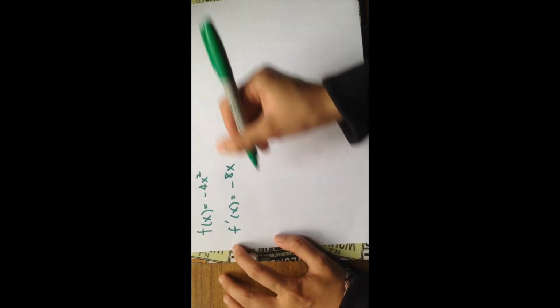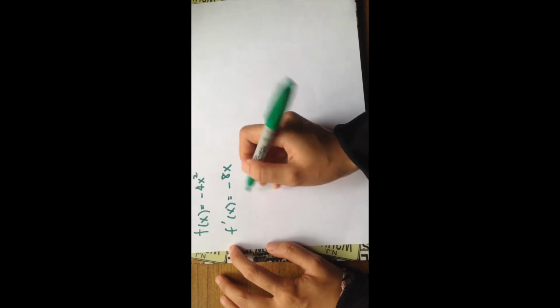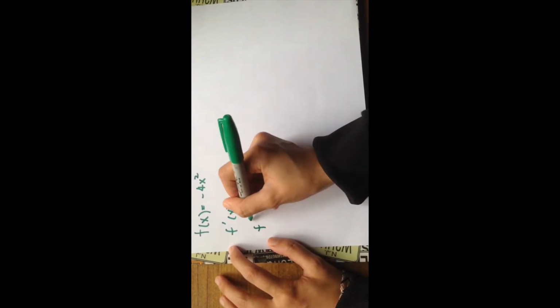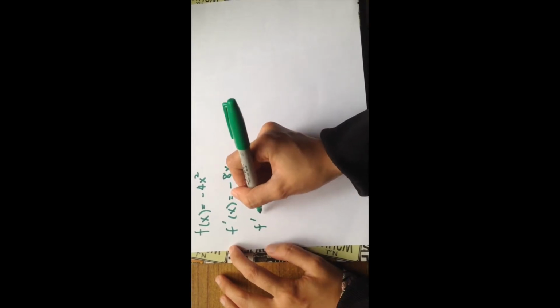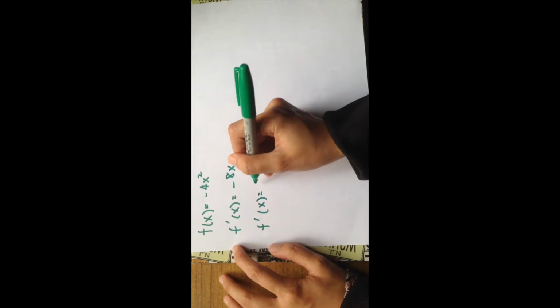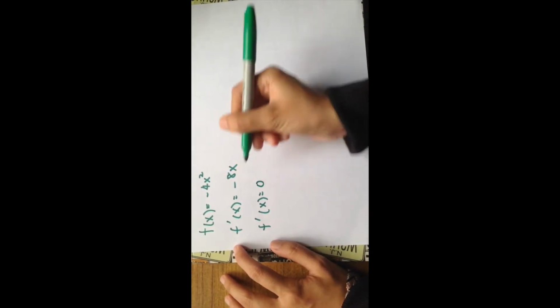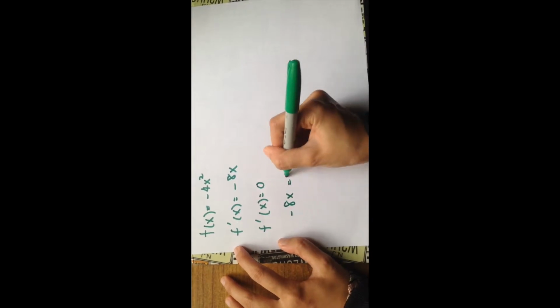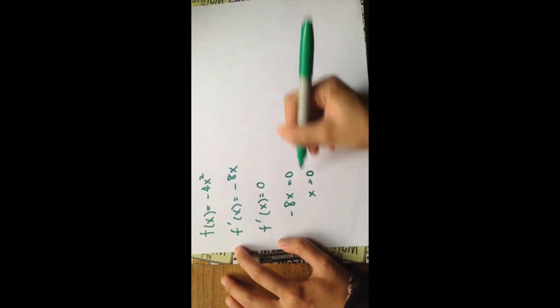Okay, here if we want to find the critical point, let f prime of x equal to 0, x equals 0.